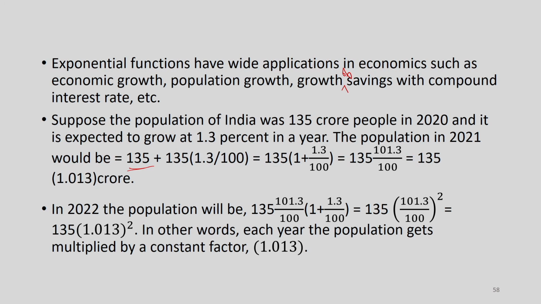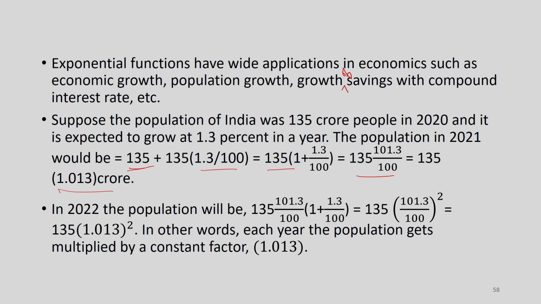Now, 1.3% is 1.3 divided by 100, and one can take 135 common. Within the brackets you will have 1 plus 1.3 divided by 100, and if you simplify this, it becomes 135 multiplied by 101.3 divided by 100, and this can be written as 135 multiplied by 1.013 crore. So, this is the population in the year 2021.